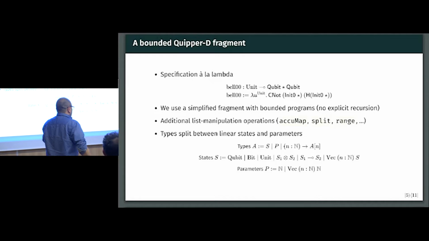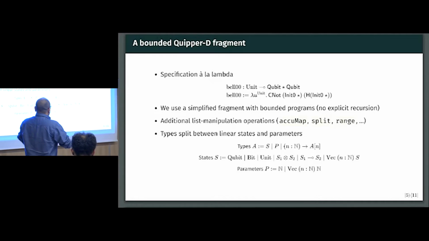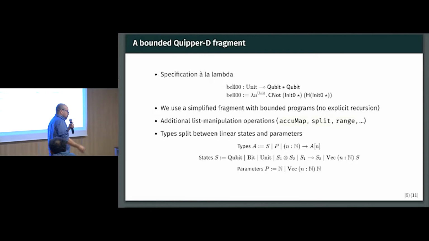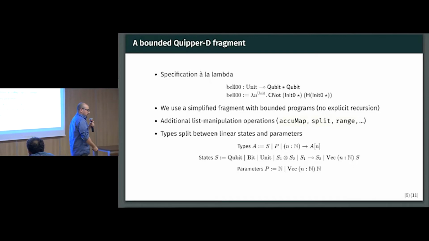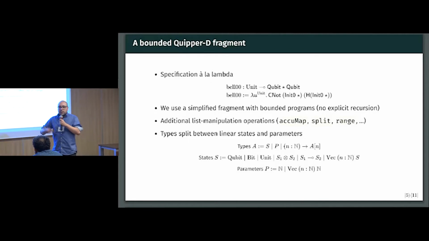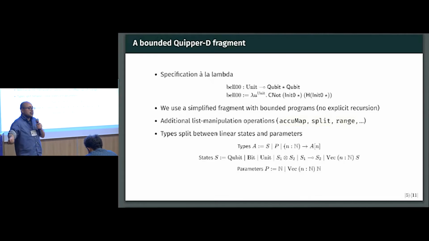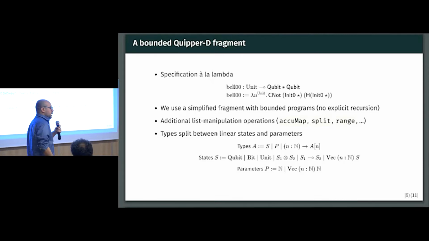Then we define our type system like this, where we split our types into states and parameters. Morally, this is splitting between classical and quantum data.